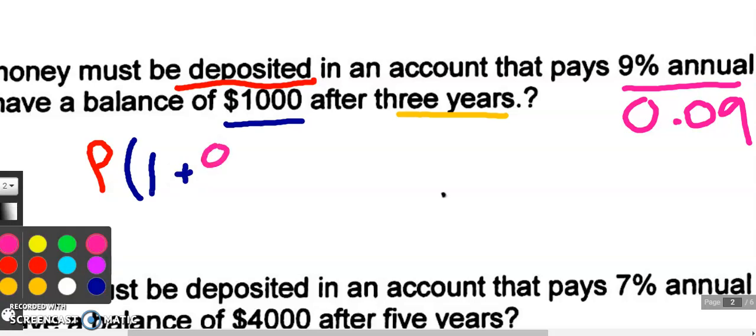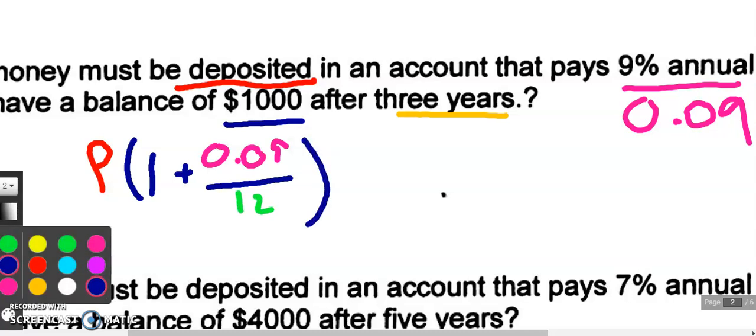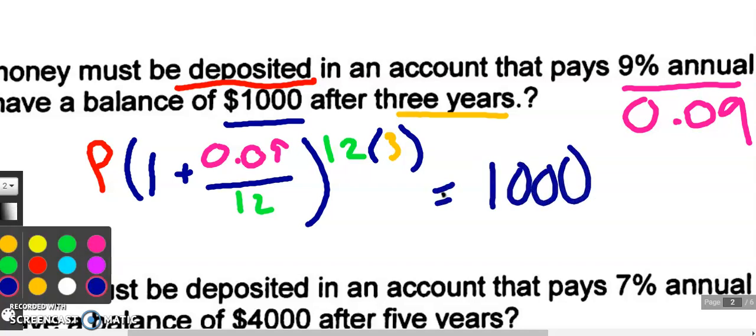I'm going to plug in my numbers the same way we did last time. And I know that it should equal at the end $1,000.